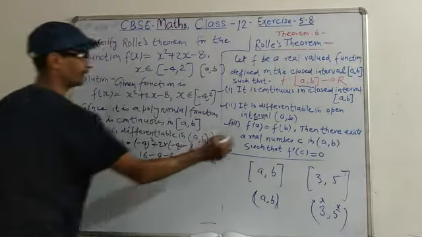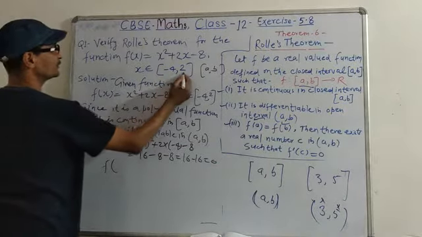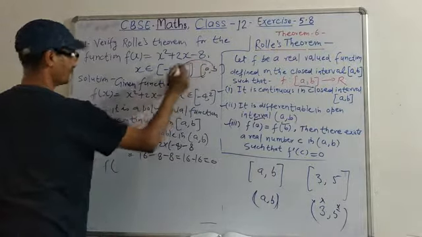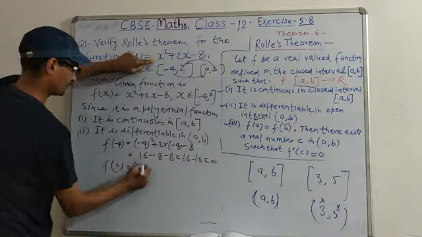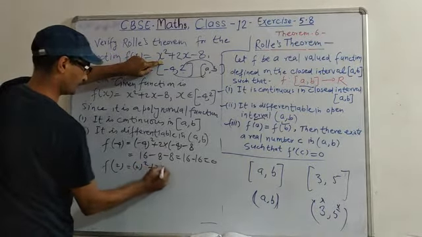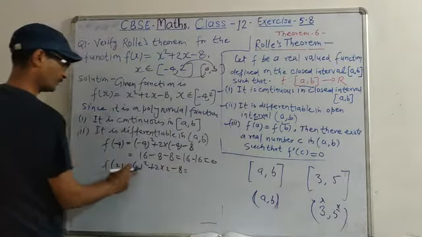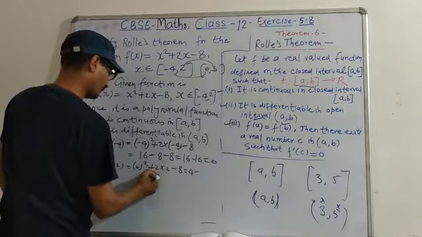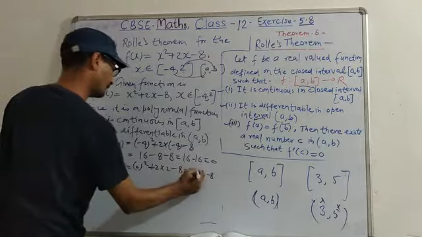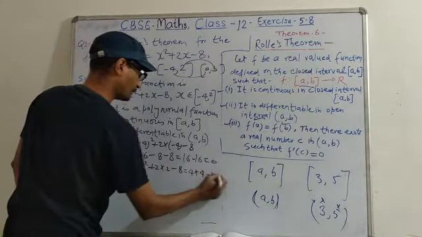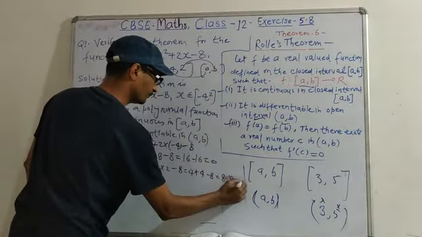Now f(a) is done. Now we take f(b). b means 2, a is minus 4, b is 2. So put 2 in this function. Wherever there is x, we put 2, because the value of b is 2. 2 squared is 4, plus 4 is 8, minus 8 equals 0.